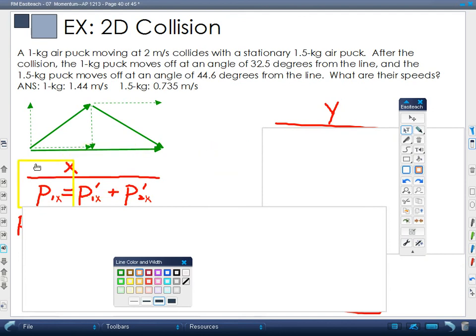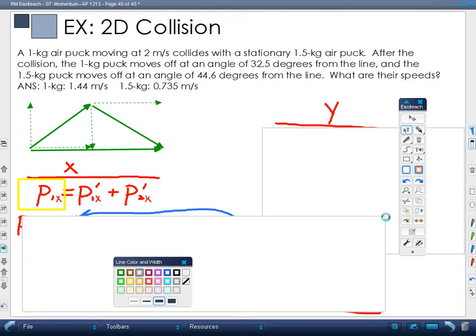So let's look at this one here. This is P1x. Then we're going to look at the horizontal. P1x is not the total horizontal momentum. It is this vector here. It is the momentum of 1 and 2, meaning the pucks. So this is the momentum of the first puck coming in. Well, we know that it's got to be equal to the total of P1x prime and P2x prime.